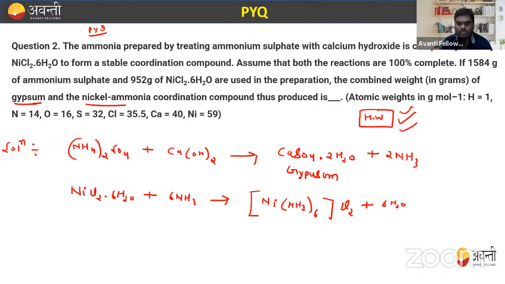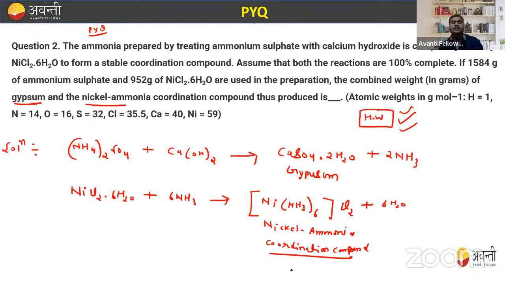So you have to calculate the total mass of this, that is gypsum, and this one is known as the nickel ammonia coordination compound. So you have to calculate the combined mass of gypsum and the nickel ammonia coordination compound.